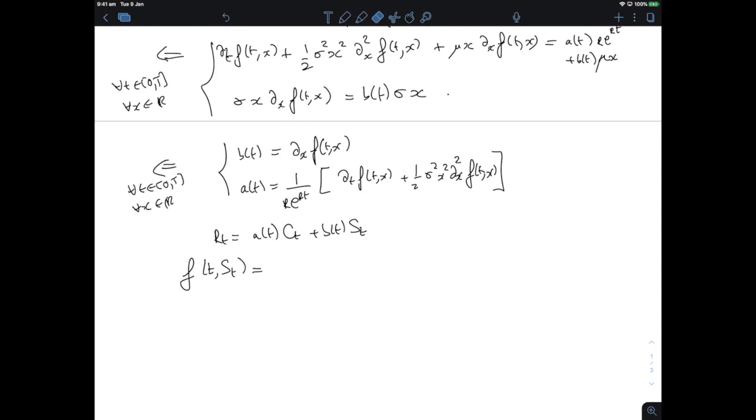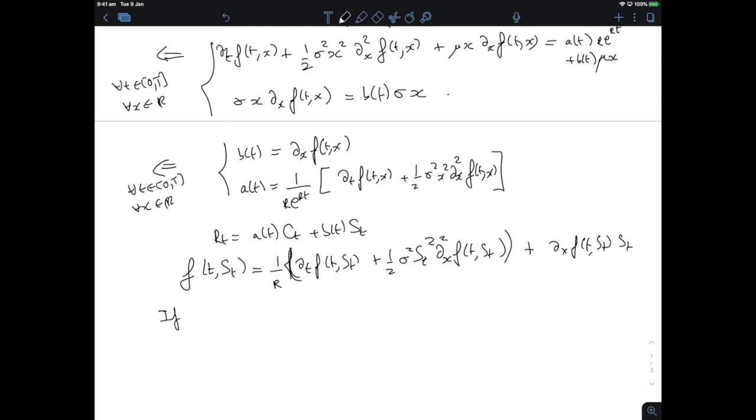So A_t times e^{rt} should be 1 upon r times ∂_t f(t,S_t) plus 1/2 σ² S_t² ∂_x² f(t,S_t). Okay, and then that's my A_t times e^{rt}, and then plus B_t times S_t. B_t is ∂_x f(t,S_t) times S_t. Now, this would work if we have f satisfying this, and that is exactly a partial differential equation.